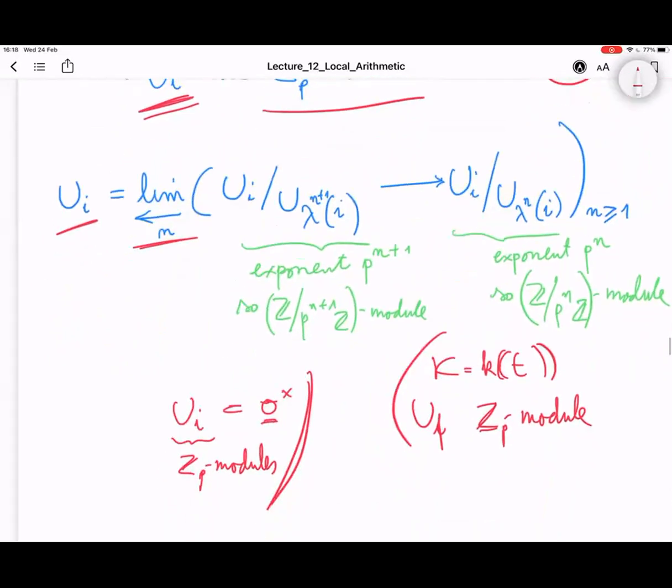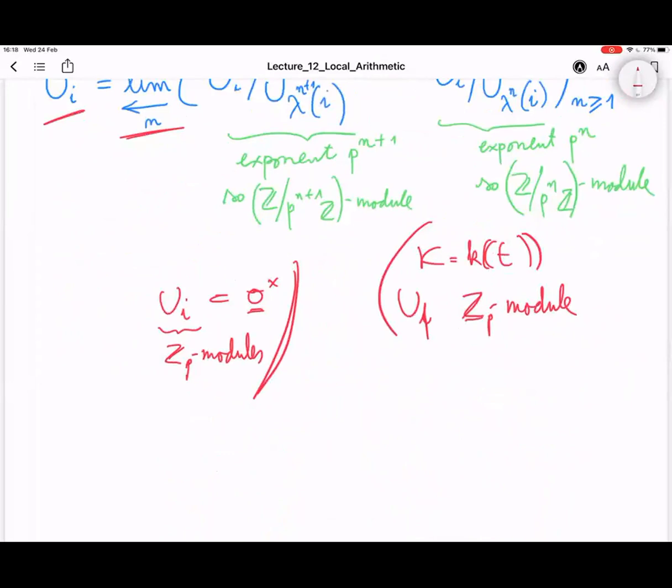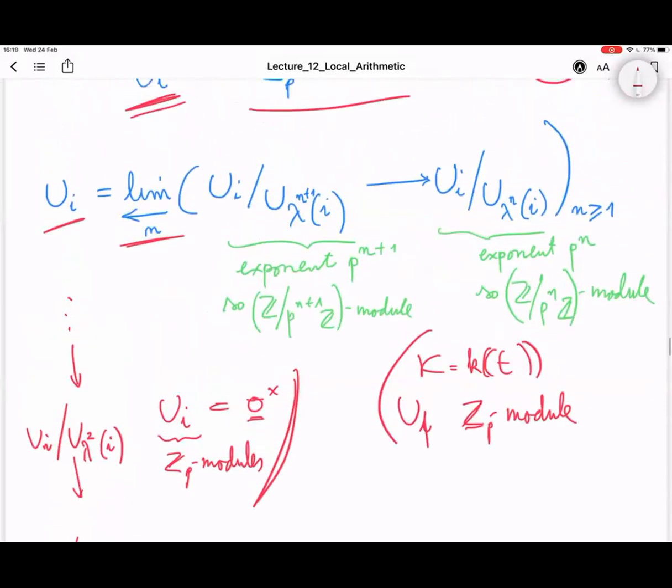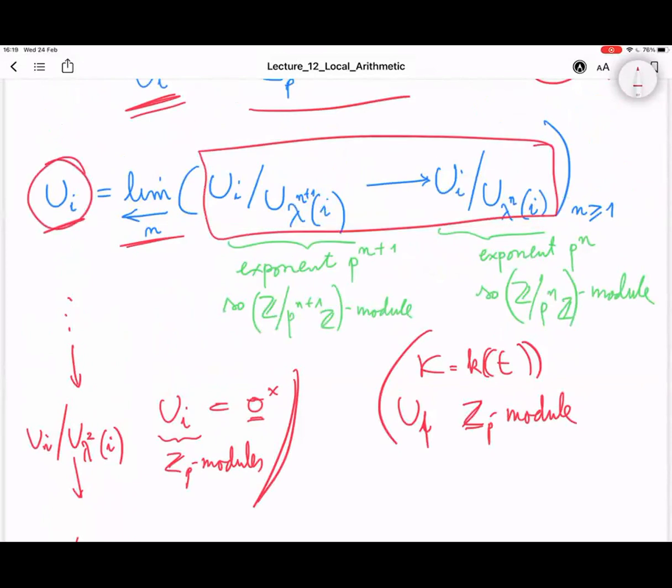There's an inverse system which you can write down, which is U modulo U_i, then U_i modulo U_{λ i}, and then U_i modulo U_{λ² i}, and so on. So there's this inverse system here, and U_i is the inverse limit.